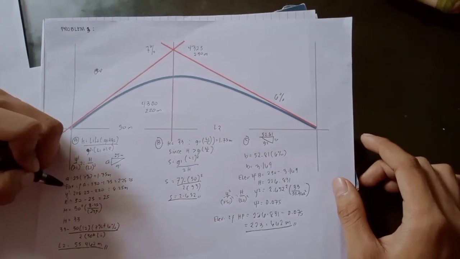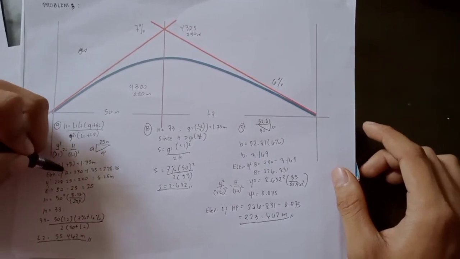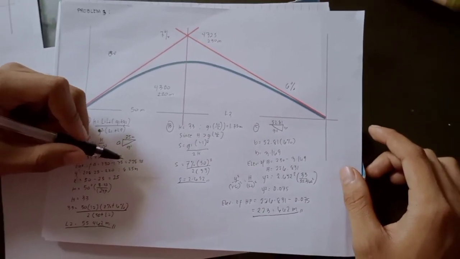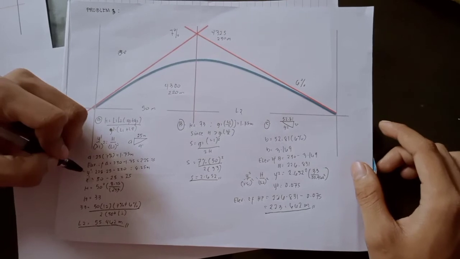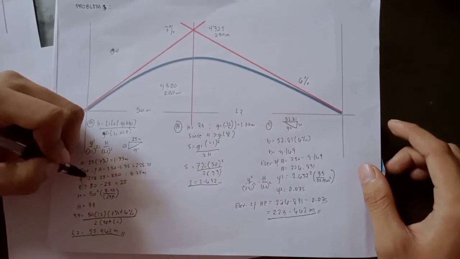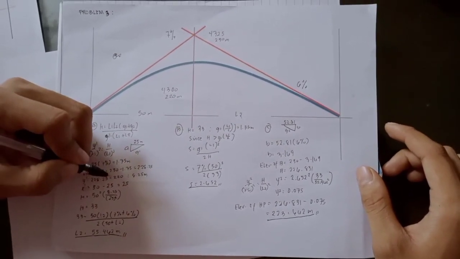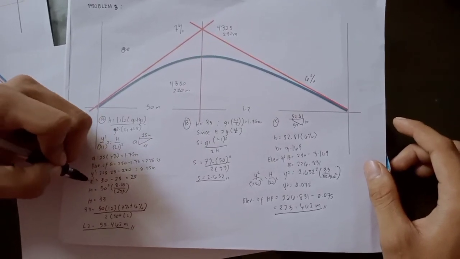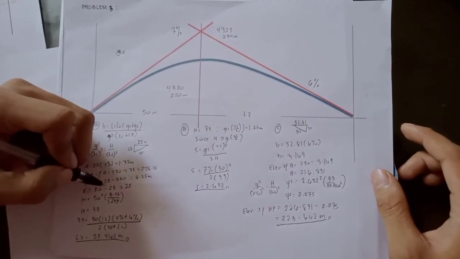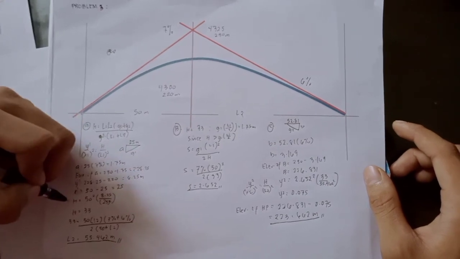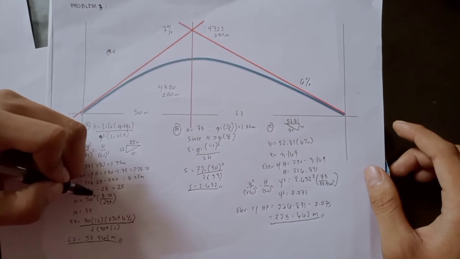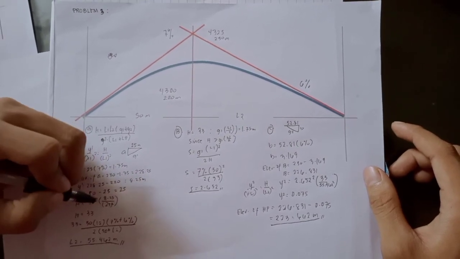So elevation of A is equal to 230 minus 1.75, so equal to 228.25. So Y1 is equal to 228.25 minus 220 is equal to 8.25 meter. So X1 is equal to 50 minus 25 is equal to 25. So H is equal to 50 squared multiplied by 8.25 over 25 squared.